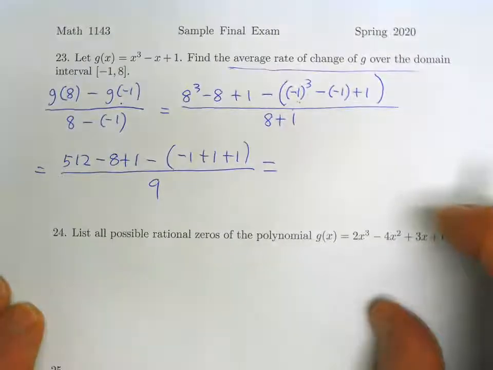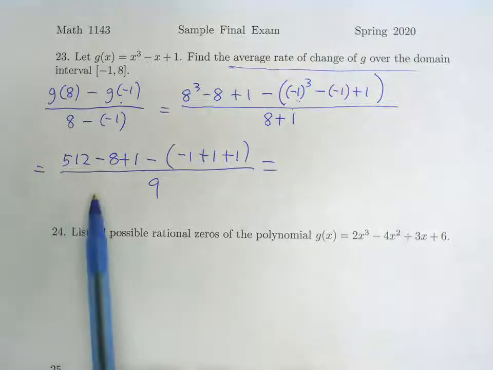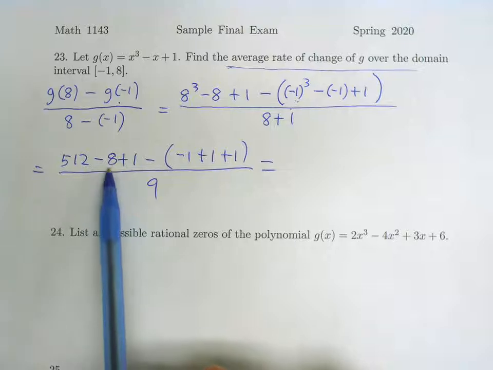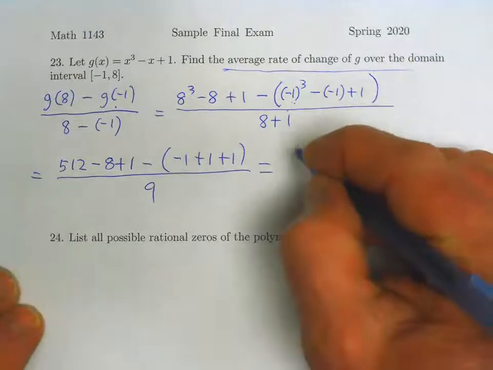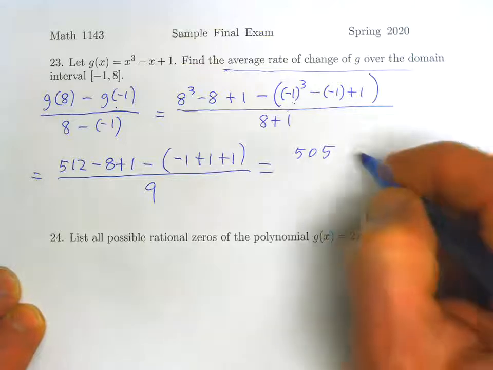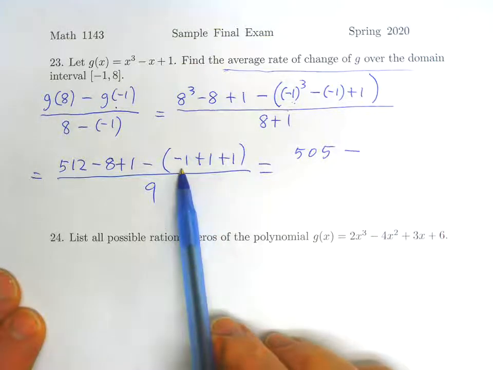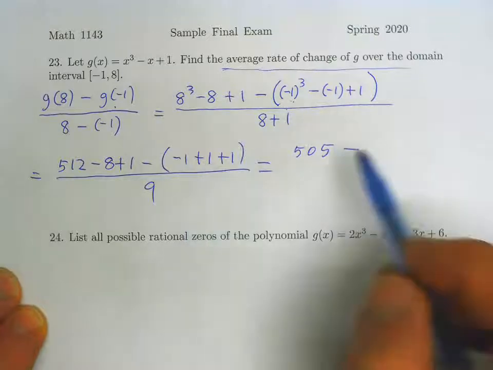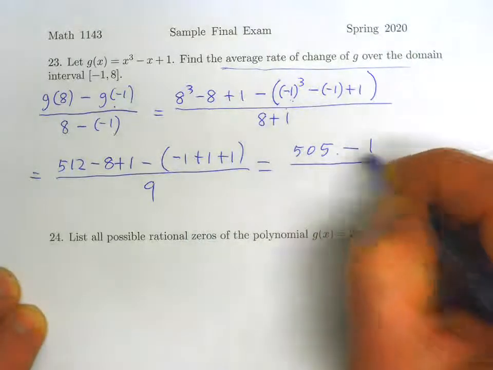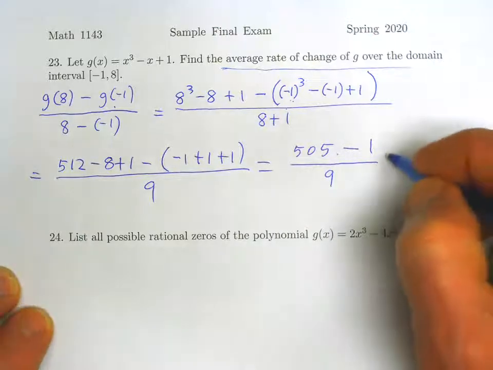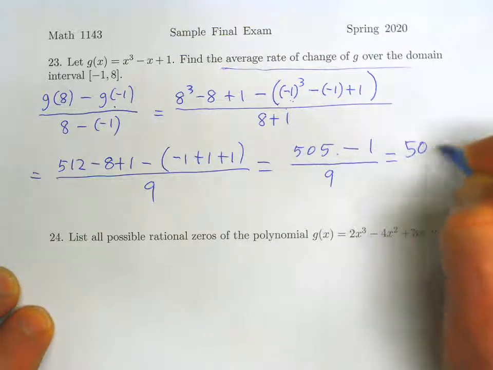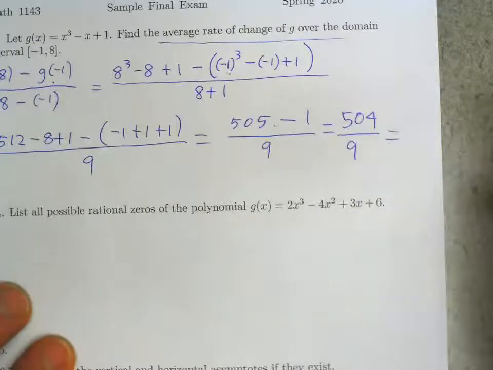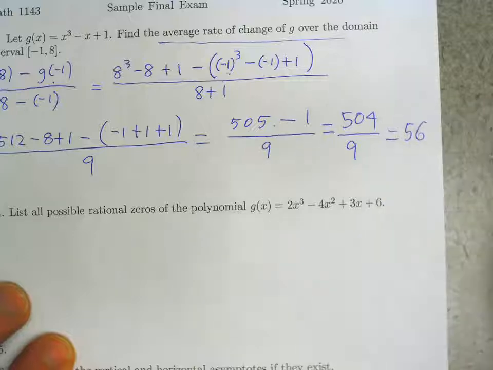I suppose we can do more than one thing at once. 512 minus 8 is 504. 504 plus 1 is 505. And then inside this set of parentheses, negative 1 plus 1 is 0. 0 plus 1 is 1. So we're just subtracting 1. And then dividing by 9. So 504 divided by 9 is 56.